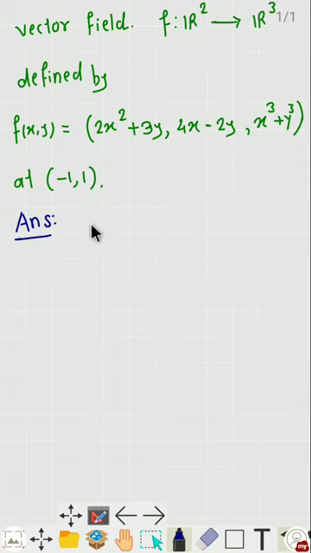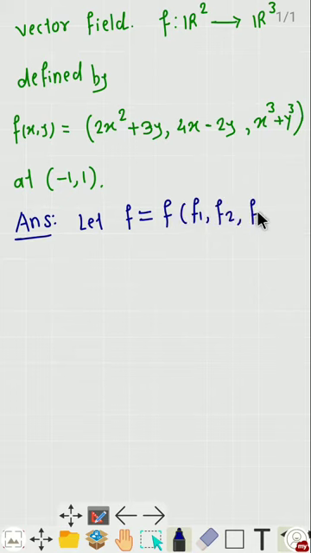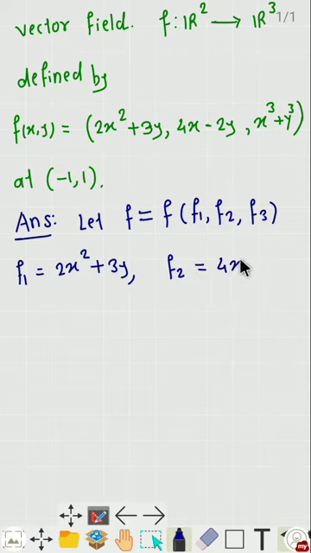Given the function f equal to f1 comma f2 comma f3, where f1 is equal to 2x square plus 3y, function f2 is equal to 4x minus 2y, and function f3 is equal to x cube plus y cube.